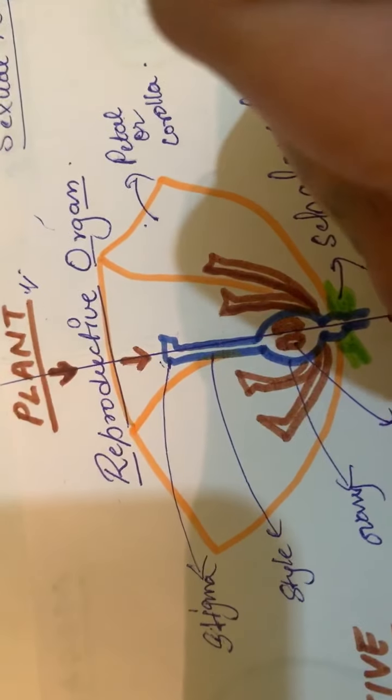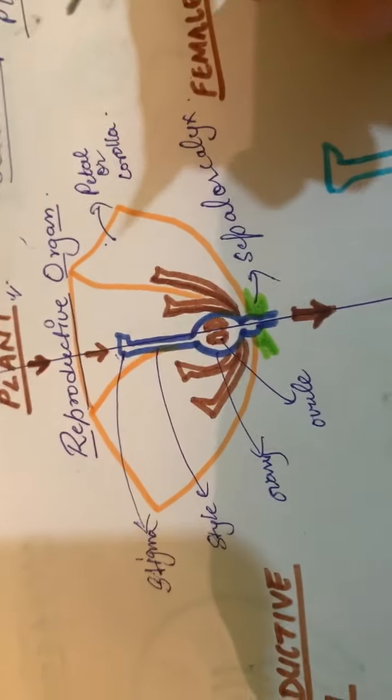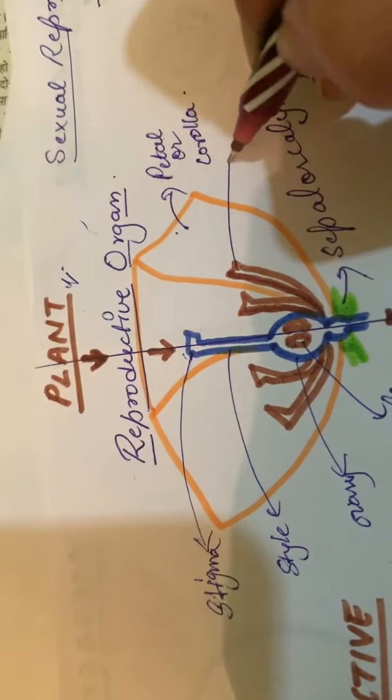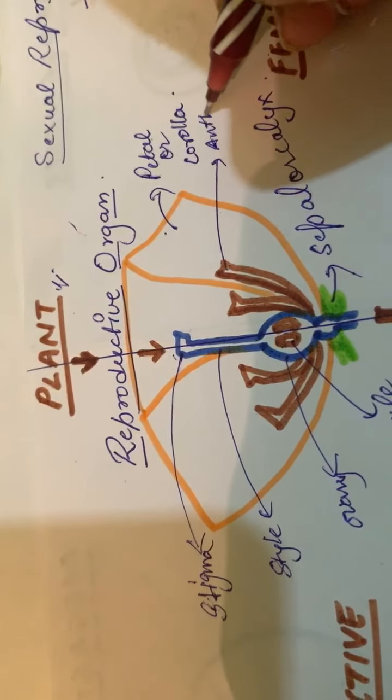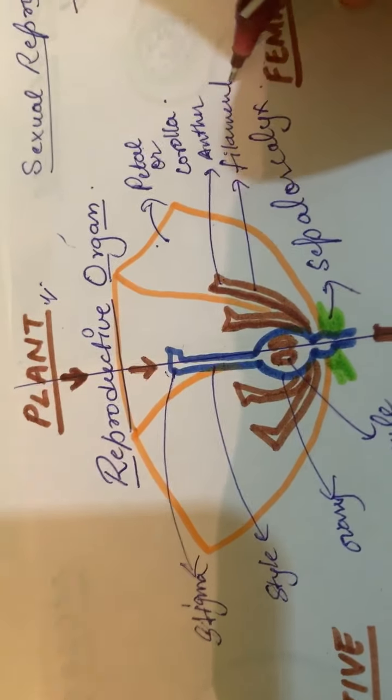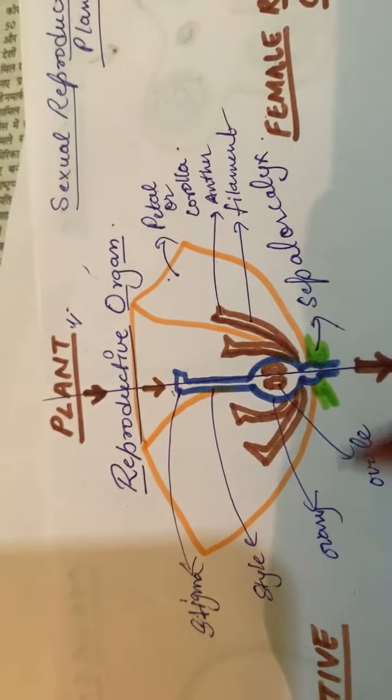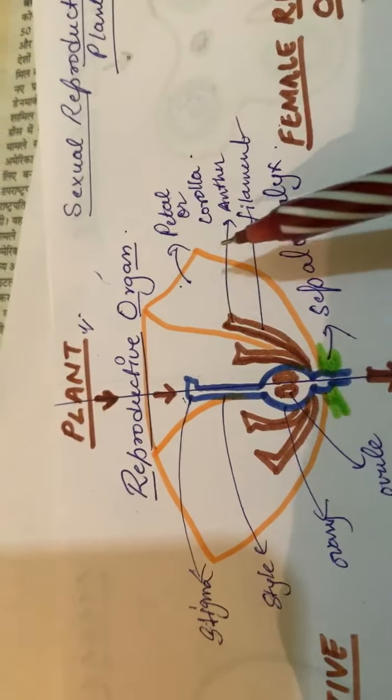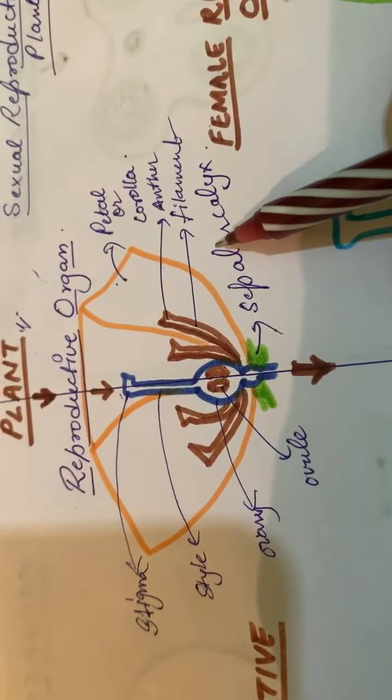Inside the ovary is the ovule. Always remember, children. And this is anther, and this is filament. This is the labeling of a typical angiospermic flower.